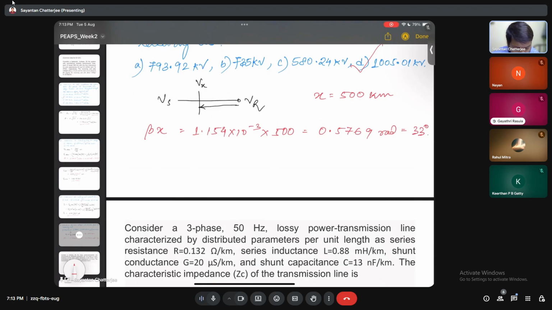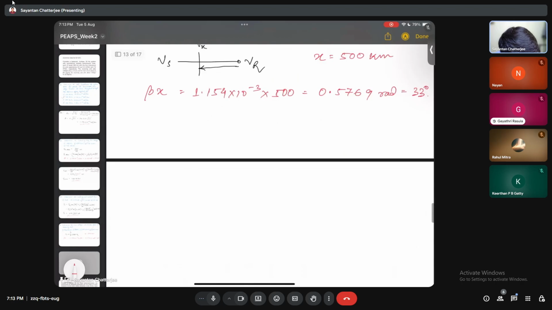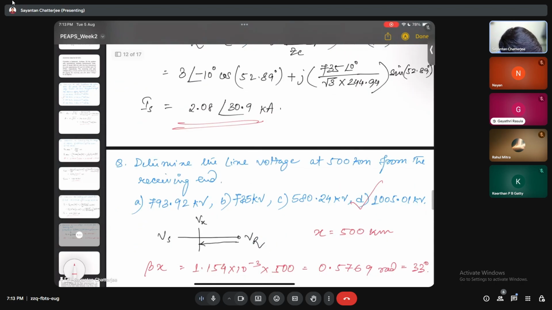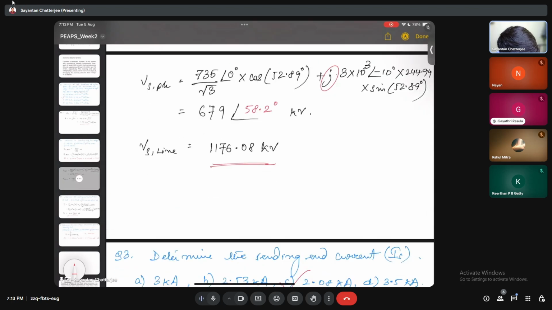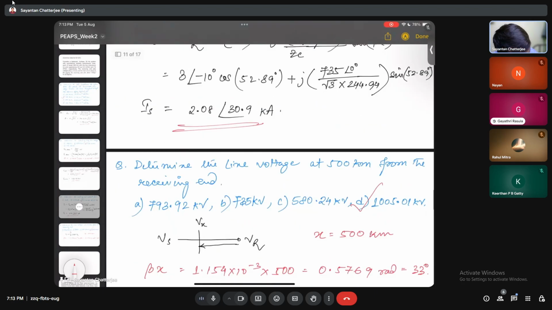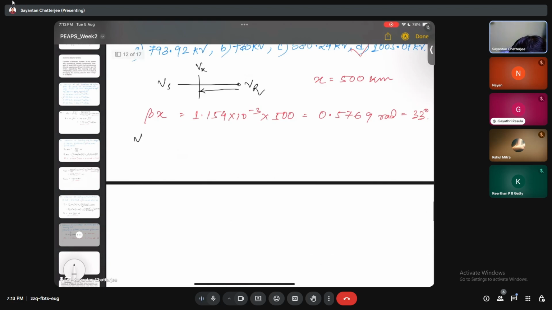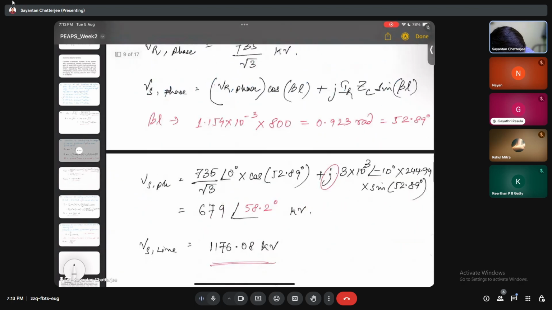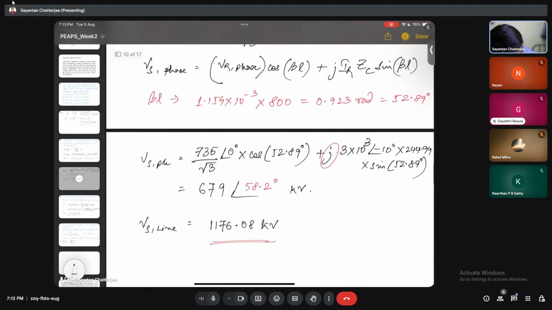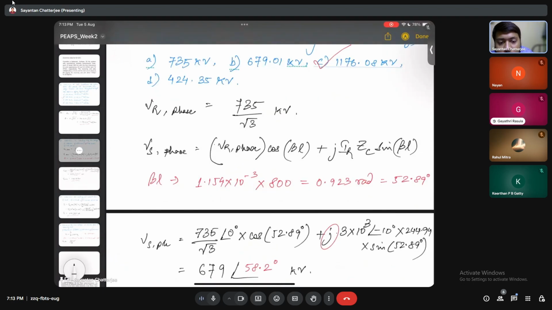Now once beta x is calculated, just use the same formula here: Vs phase, but instead of S it becomes Vx phase. So Vx phase is equal to 735 angle 0 by root 3, which is the voltage here, times cos beta x.